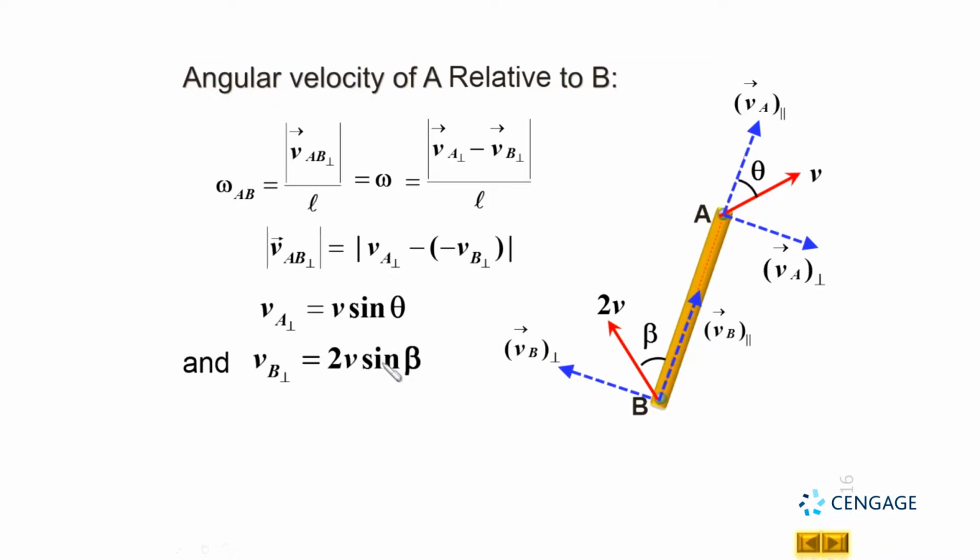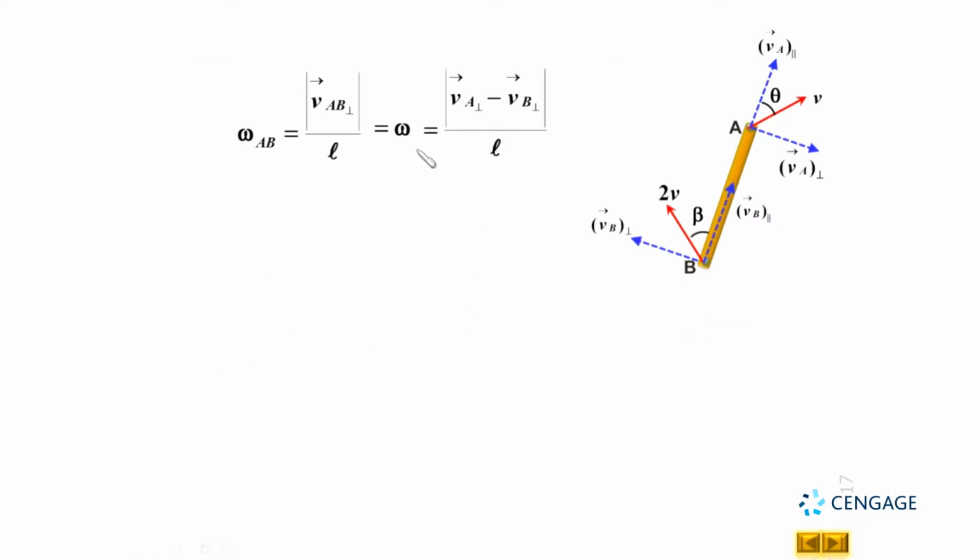Now we can substitute these values in this equation. Let us write this formula again and substitute the values of VA perpendicular and VB perpendicular. Before substituting the values, let us draw a diagram showing the velocity of A with respect to B. Let this angular velocity be omega, and this is VAB perpendicular.